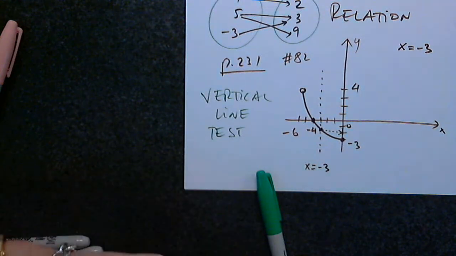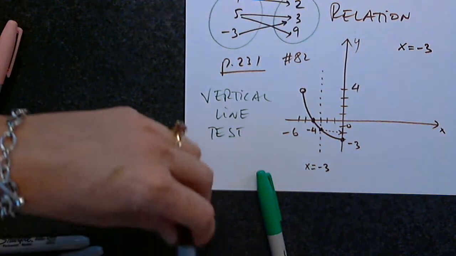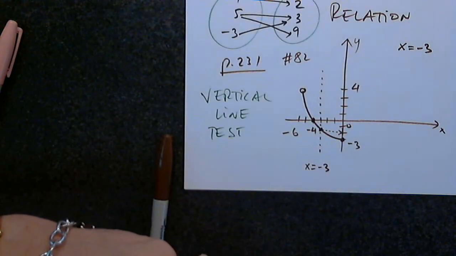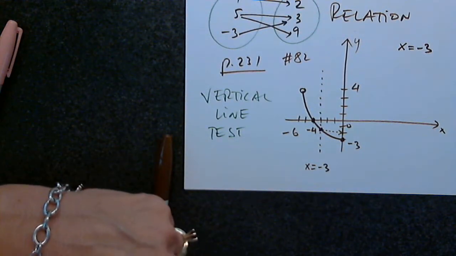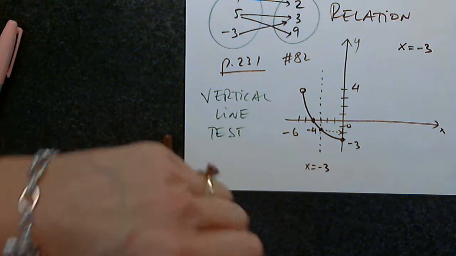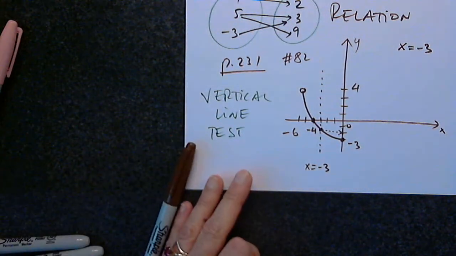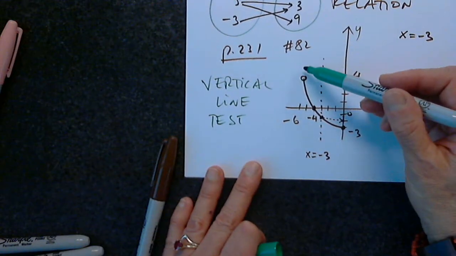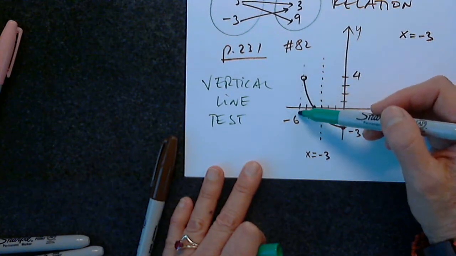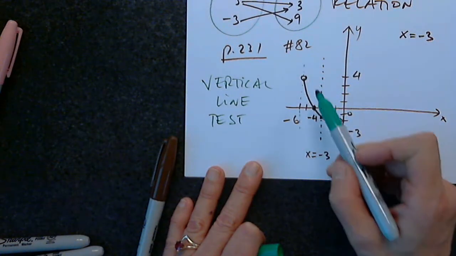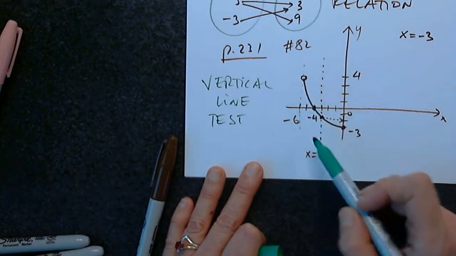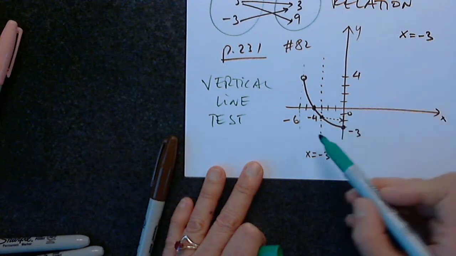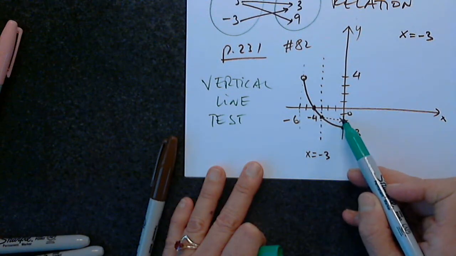If there was a hole somewhere in the function, would it not be a function? It's not defined over there. At that point. That would be my next question, of course you're way ahead of me. I was going to ask you how much is y when x is -6, and you will have to say the function is not defined at -6. But here I started with -3, so for everyone to see how to read the y values.